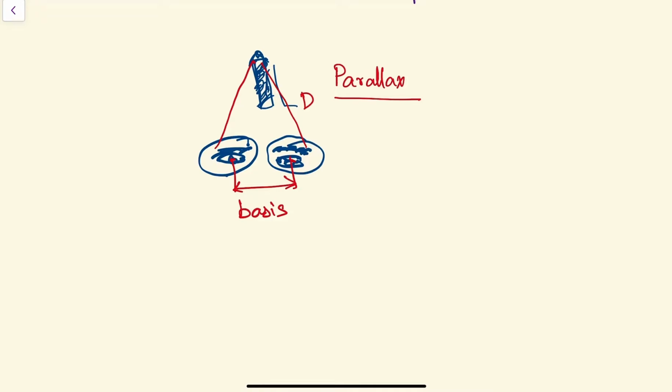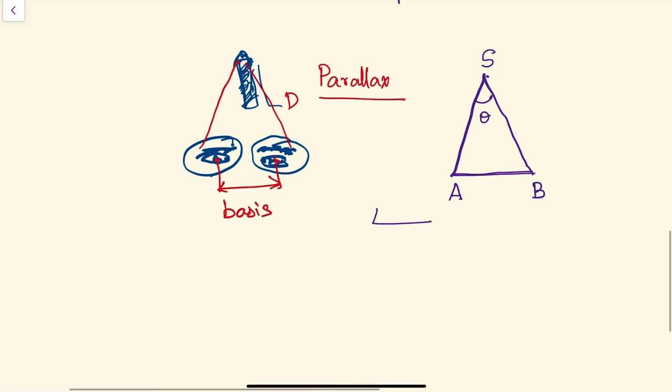Let us say in a simple manner, A and B are the 2 points, and this is one, and this is the other one, and this is the observation point. See, this is the angle.